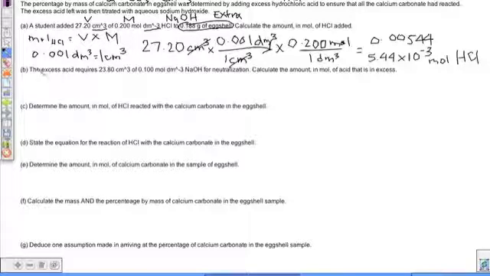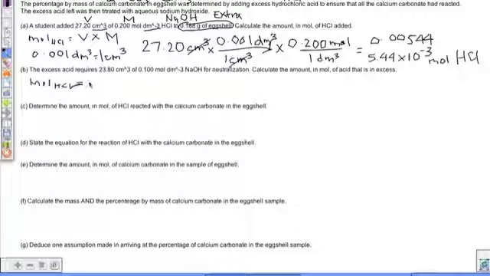The second part says that the excess acid requires 23.80 centimeters cubed of 0.1 mole per decimeters cubed of sodium hydroxide to be neutralized. And it wants to calculate the moles of acid that is in excess. So moles of HCl this time at equivalency is going to be equal to the amount of NaOH that was required to react this.